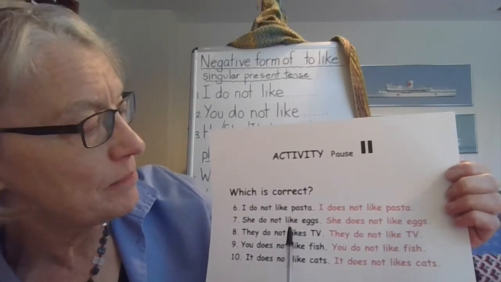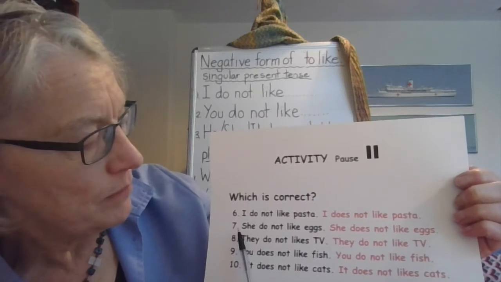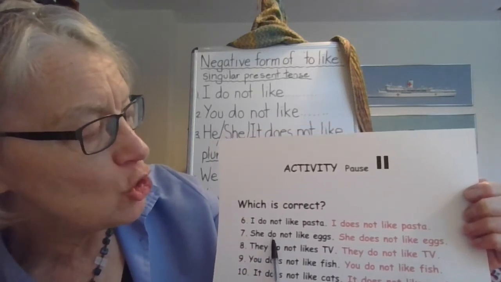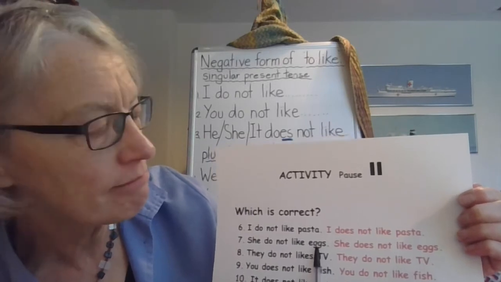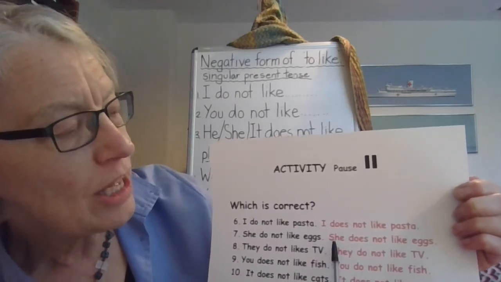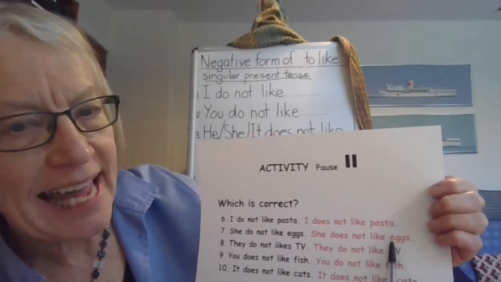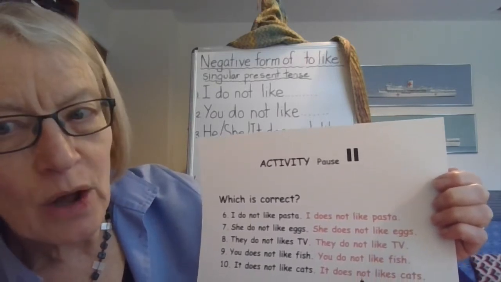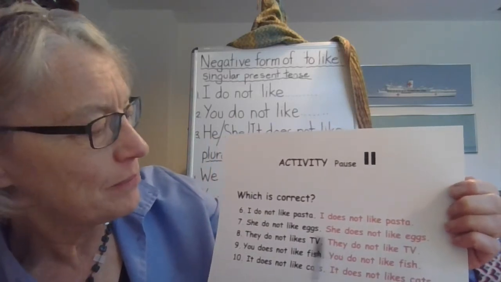Write it down. Number 7. She do not like eggs. Or she does not like eggs. Which one is correct? Write it down.